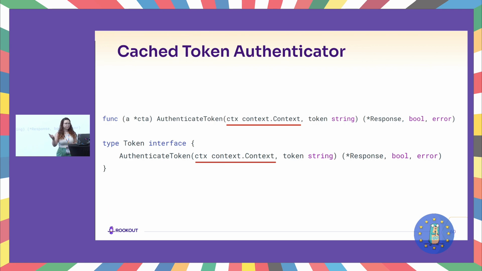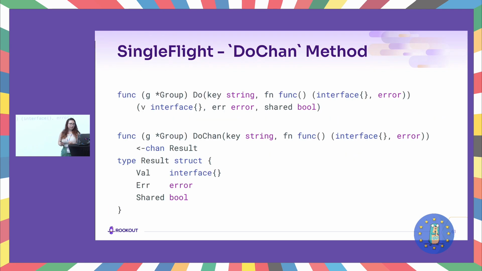Now, for that, there is the DoChan method on Singleflight. So we talked about the do method, and the DoChan method is almost exactly the same. They accept the same parameter, and they do the same thing, right? They'll suppress another call to the same function for the same key at the same time. But the difference is in what they return.